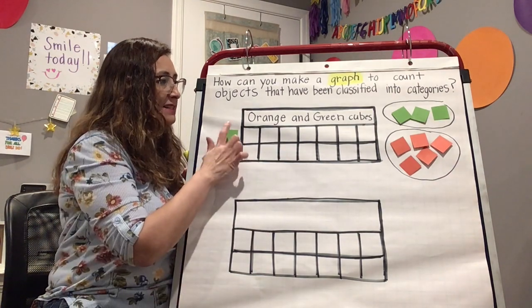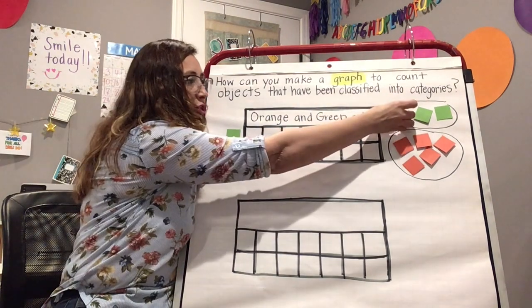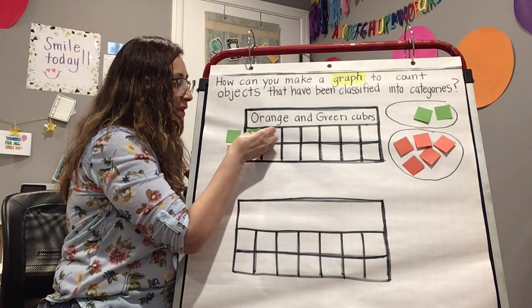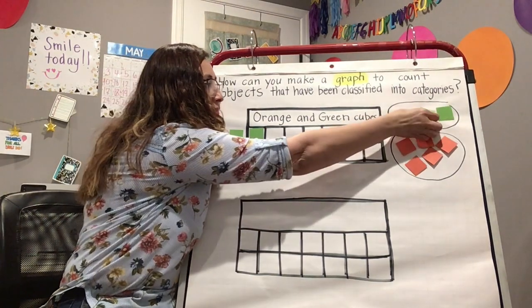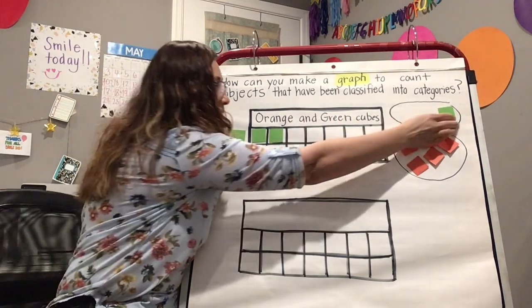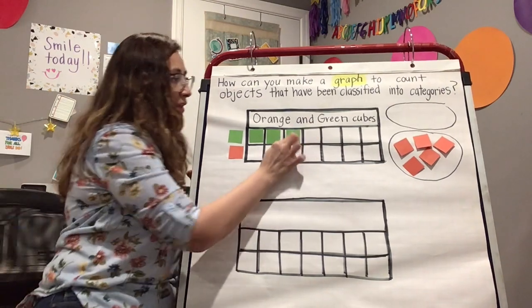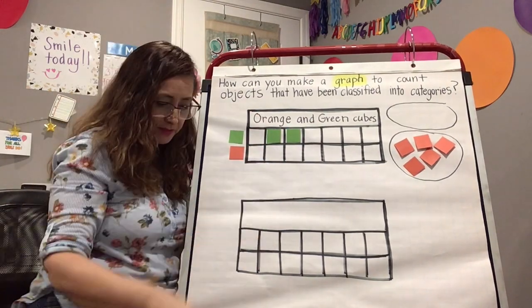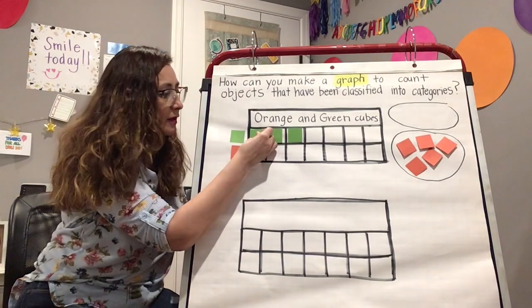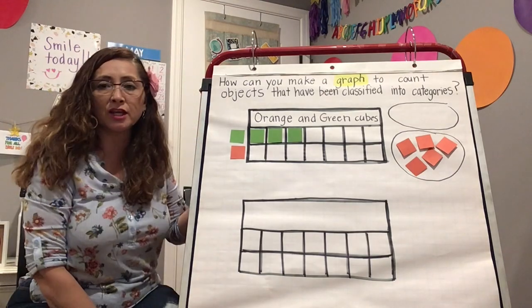So then the next thing I'm going to do is take my green cubes and put them here, to help me see and count my information. So I have 3 green cubes.